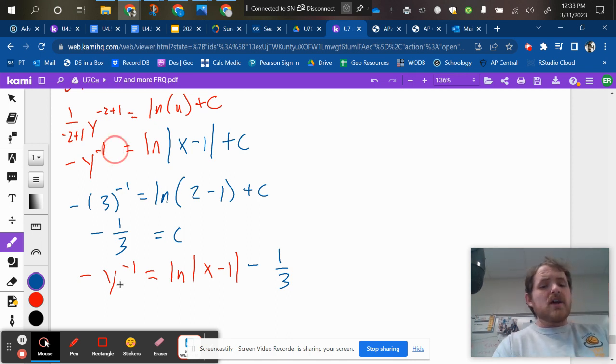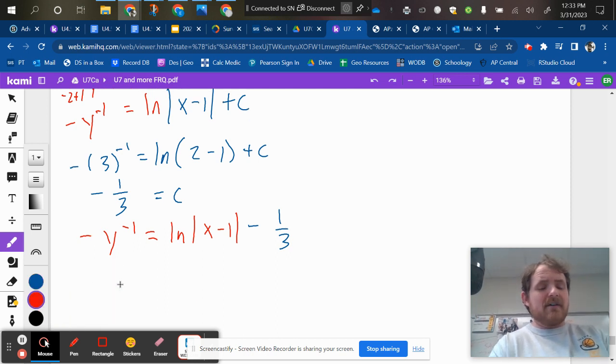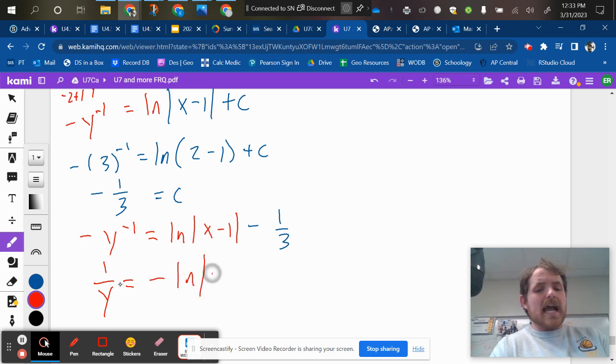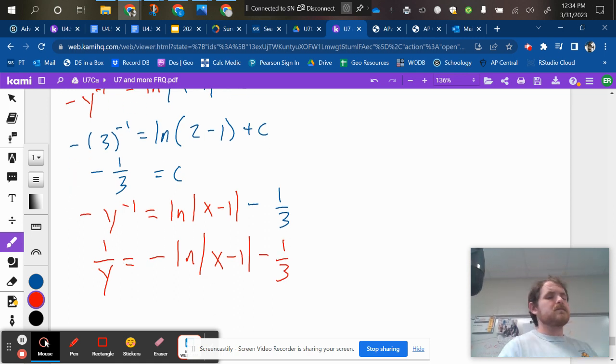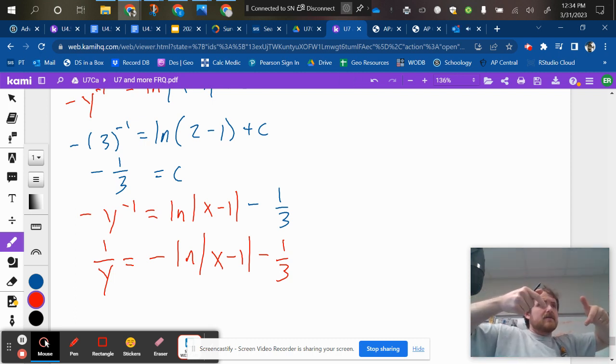Okay. So again, if you left it like that, you got to get y by itself. Now, for me, this is kind of tough. I'm going to move the negative over right now to have negative natural log absolute value of this. So you can either flip both sides like this, right?